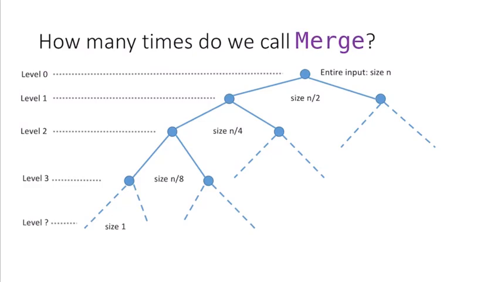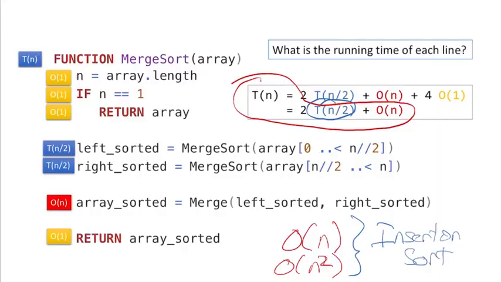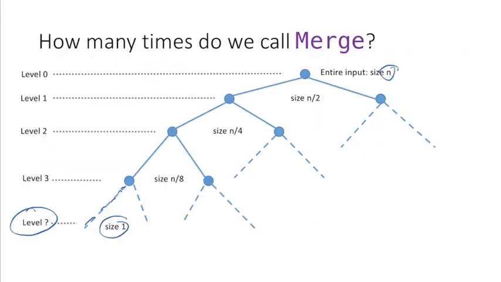And then at the very bottom of this tree, since we're using a generic n, I'm not saying exactly how many elements we have, but we keep doing this until we get down to size 1 elements. Why size 1? Because that's our base case for our version of merge sort. Typically in merge sort, you would use a base case of like size 5 or so, and use insertion sort to sort that, just to reduce the total number of function calls you have. But let's just assume we're going to recurse all the way down to 1 element.